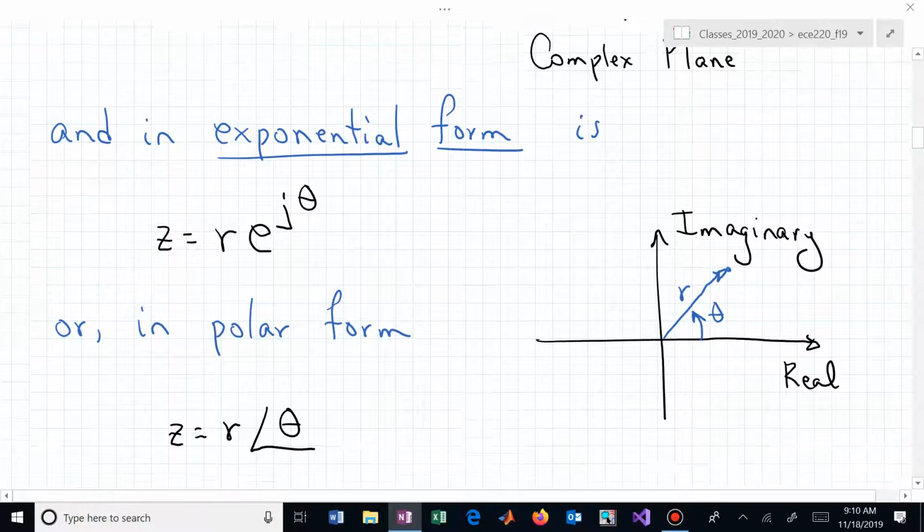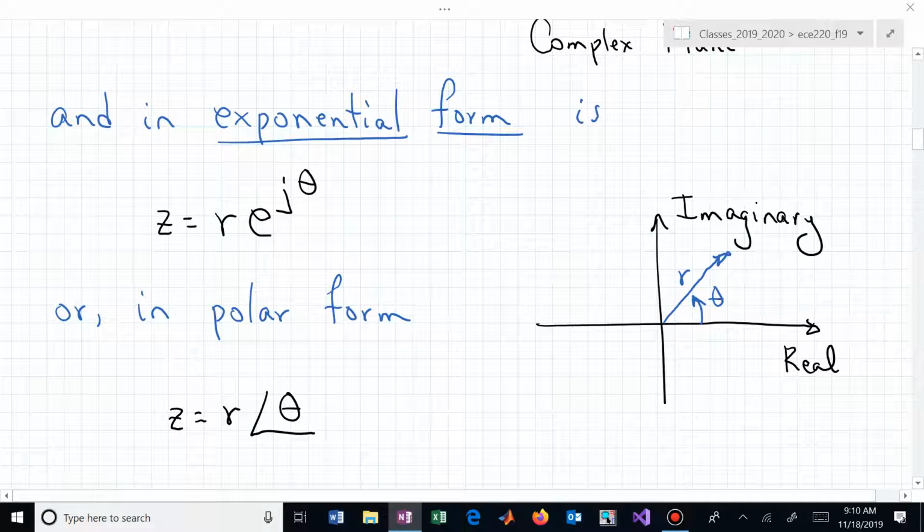Or we might write that, since it's just really keeping track of two numbers, we have a shorthand. I guess we don't want to acknowledge Euler as much as we should. We convert the r e to the j theta and just say, oh, write it as r angle theta. Those are the same thing. It's just a different way of expressing the same information, and a lot of times we just call them both the polar form.